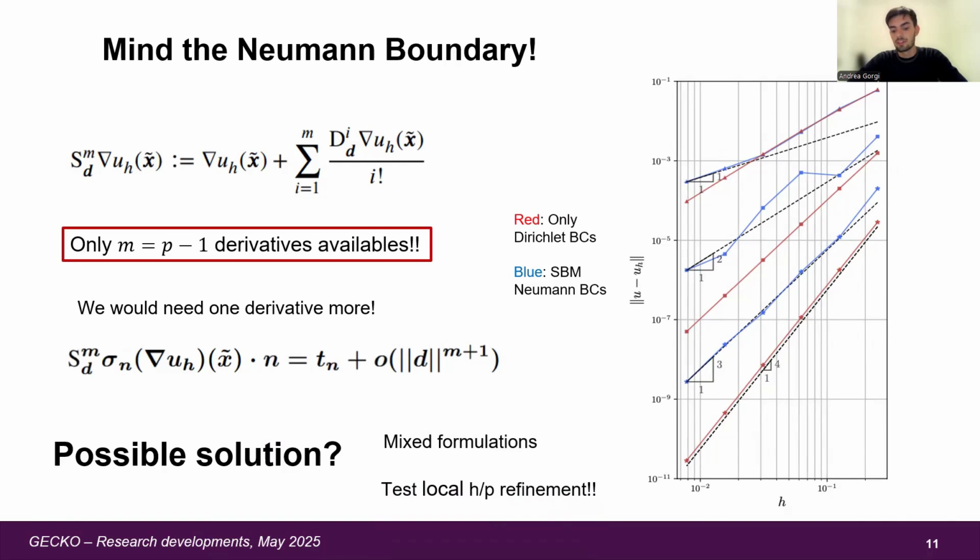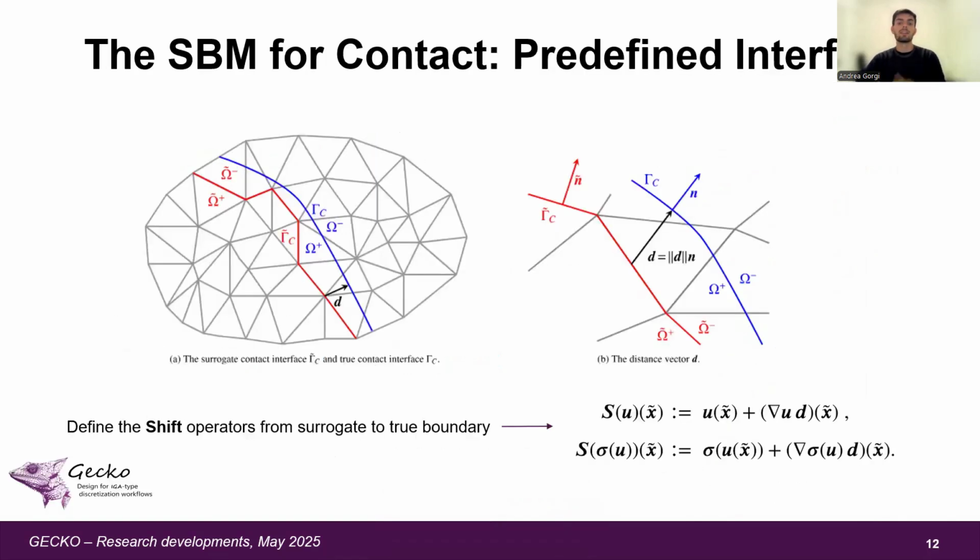Or a recent possibility that has been tested in the past months is the use of local refinement, in particular h or p refinement, to either reduce the distances of the projections or to locally degree elevate the basis functions active in the Neumann boundary regions, to have an approximation of that additional derivative that we need for the Taylor expansion.